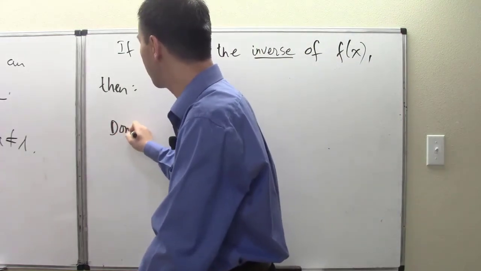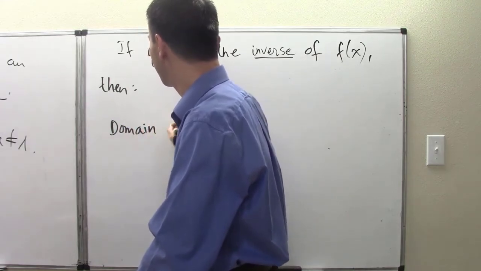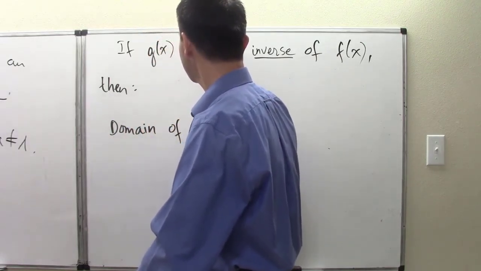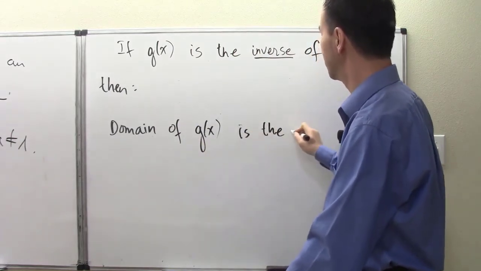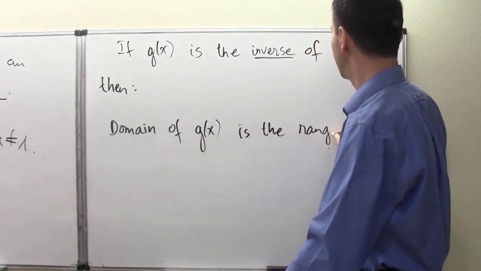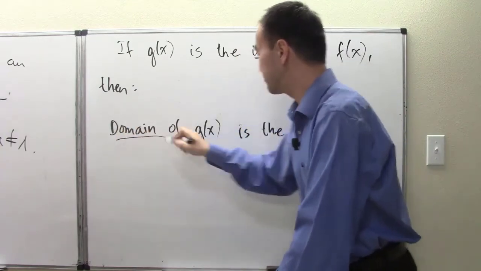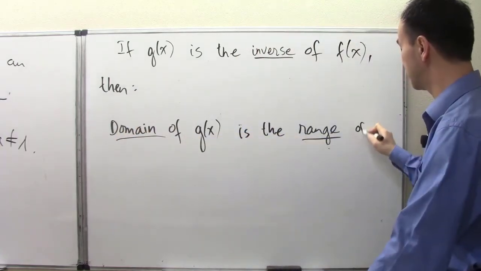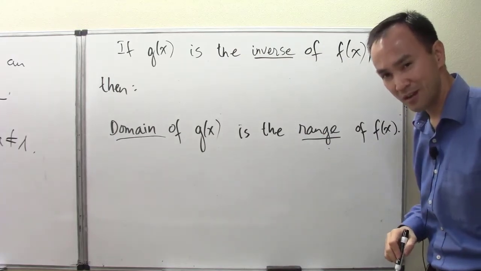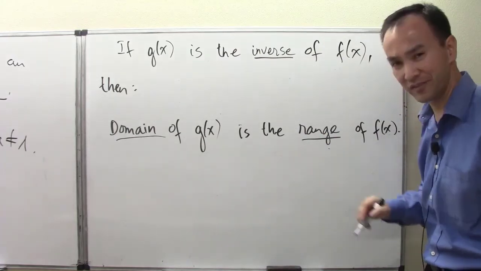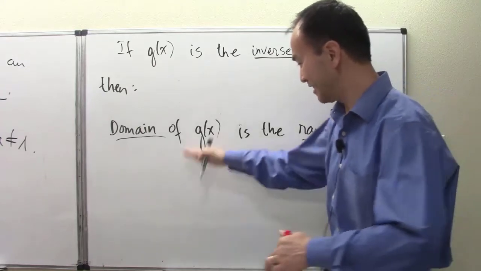The domain of g is the range of f of x. The domain of g is the range of f of x. And then I'm going to leave some space right here.